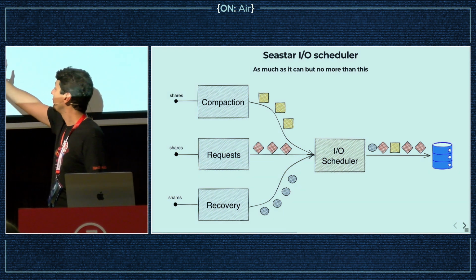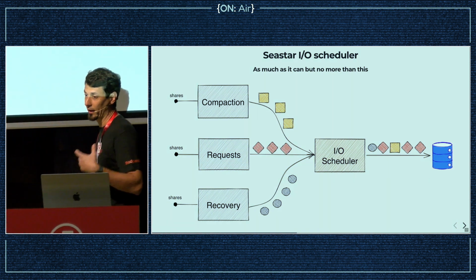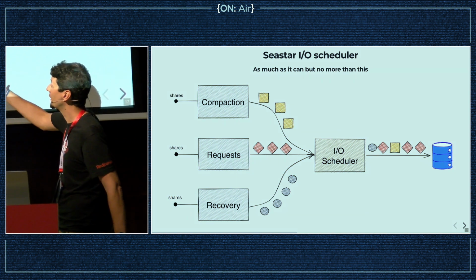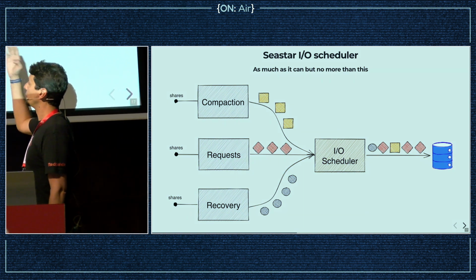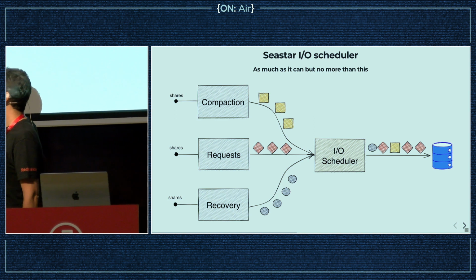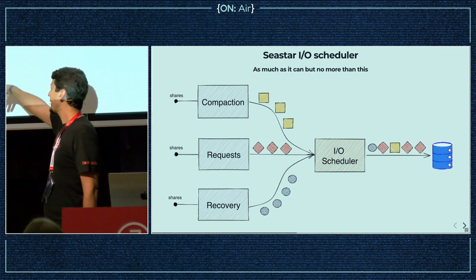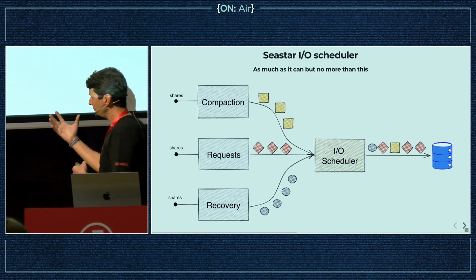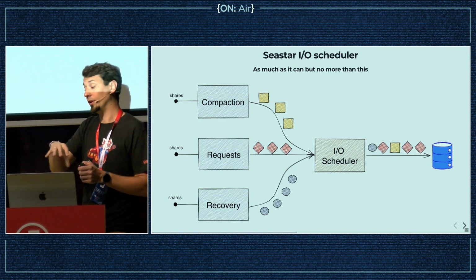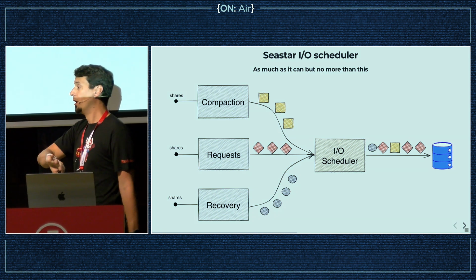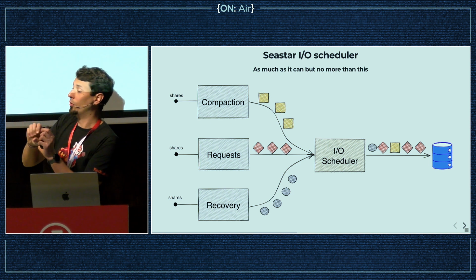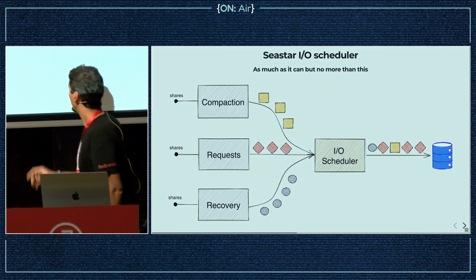Then there are requests coming from the Kafka API, which is our hot path, our critical workload, as this is what users care about: latencies and throughput. And then there is recovery, which is the traffic related to moving partitions around. Whenever we want to spawn a new partition somewhere, we need to populate it with data, and that is this recovery traffic.